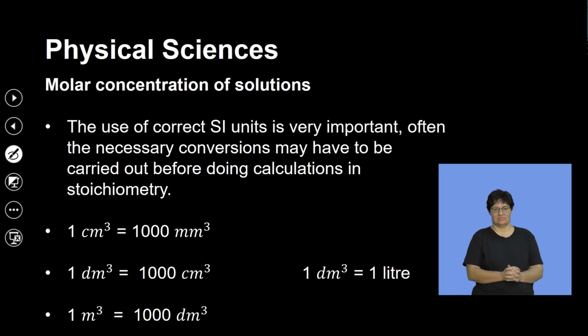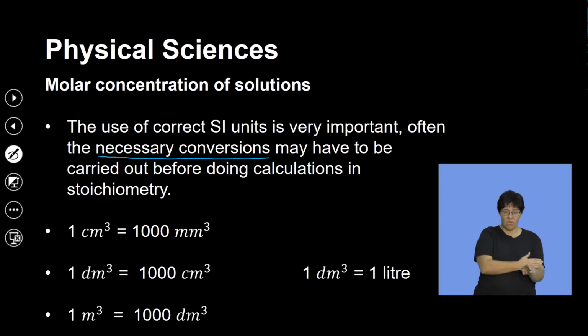Right. Now let's focus our attention on some of the implications as far as the SI units are concerned. There are multiple types of units for measurement, and at some point it may be necessary to carry out conversions before we do any stoichiometric calculations.